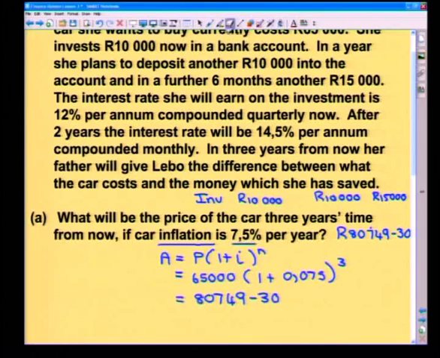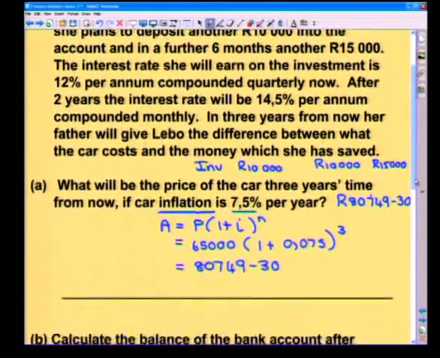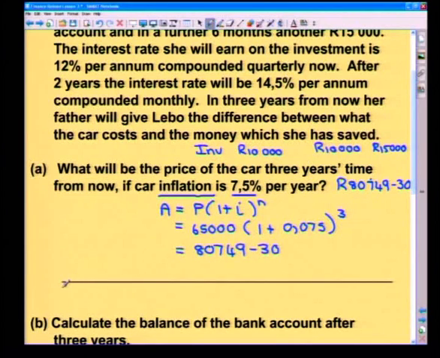All right, so now what do we need to do? We need to set up some kind of number line so we can see what's going on with her savings. So here we go with our timeline. I'm going to have to refer up and down. I've brought some of it down here. We're talking about T0, and she is going to put in 10,000 Rand.